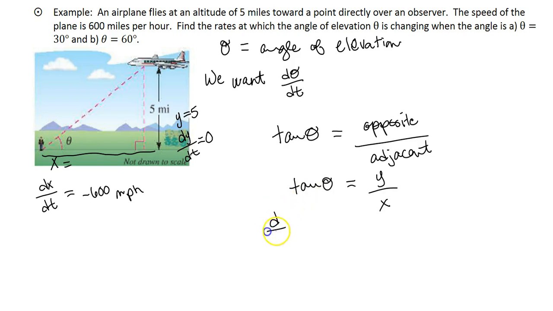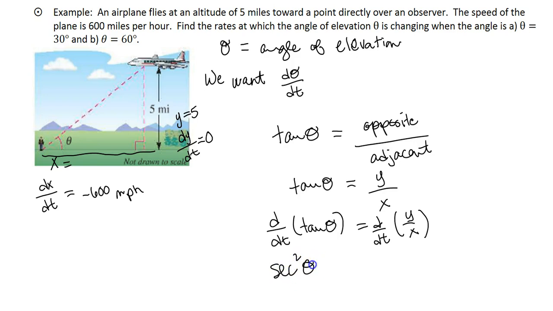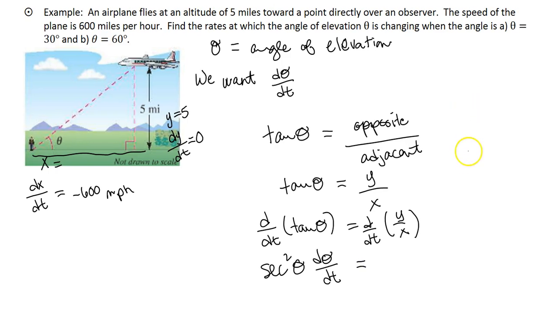So when I take the derivative with respect to t of both sides, on the left, the derivative is just secant squared of theta times d theta over dt. And on the right, I'm going to have to use the quotient rule because I've got y over x.